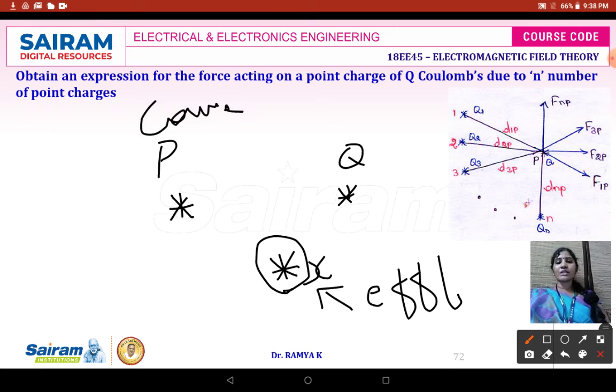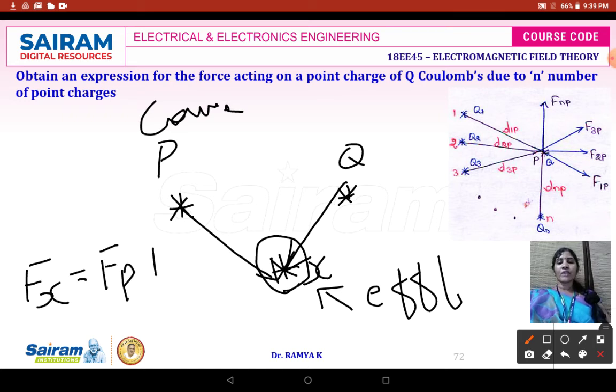So due to point P, one force will be exerted at point X. Due to point Q, another force will be exerted at point X. Therefore, the net force acting at point X will be the vector force acting due to point P and the vector force acting due to point Q. So this is the notation.